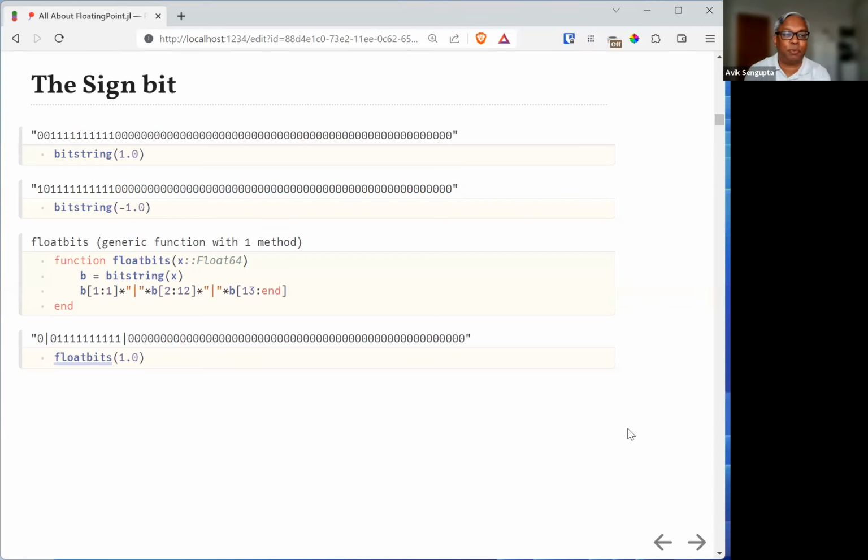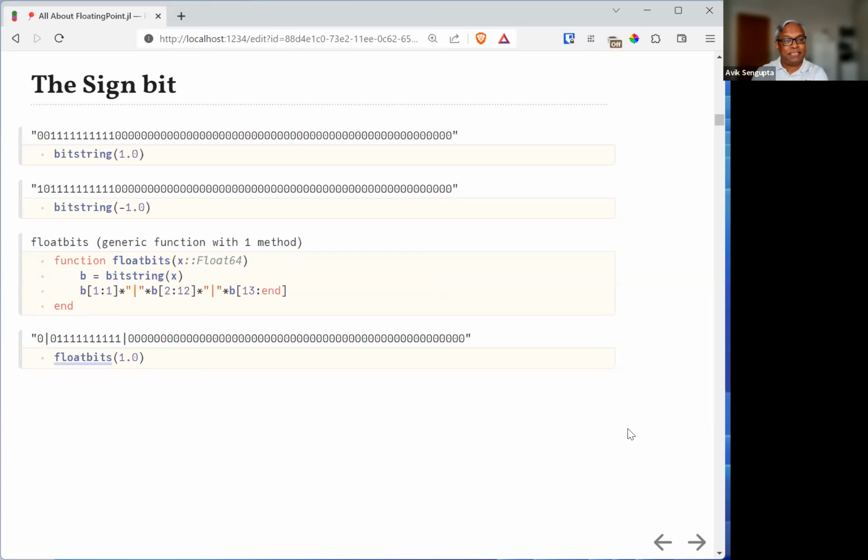Bit string of -1.0, you will notice, is exactly the same, but the first digit instead of a 0 is a 1, right? So that shows that if the first digit is 0, that's a positive number. If the first digit is 1, then the number is essentially multiplied by -1, right? And everything else is the same. So other than the sign bit, the bit string of 1 and -1 are stored together, right?